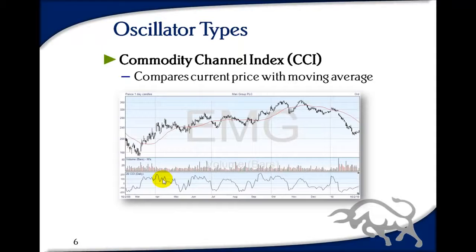Here we have a 0 line in the middle, and we have 100, and we have minus 100. And these are significant. When these were invented, it was suggested that you could go long any time the value went over 100 and go short any time the value went to minus 100. It's usually not used like that now. It's usually just said that anything over 100 is overbought and anything below minus 100 is essentially oversold.